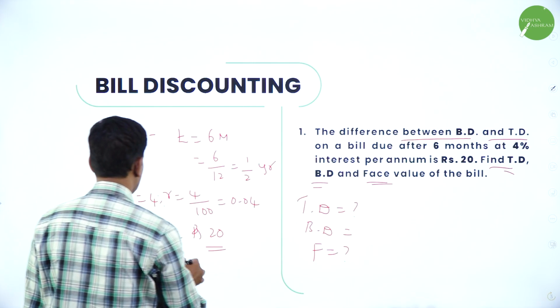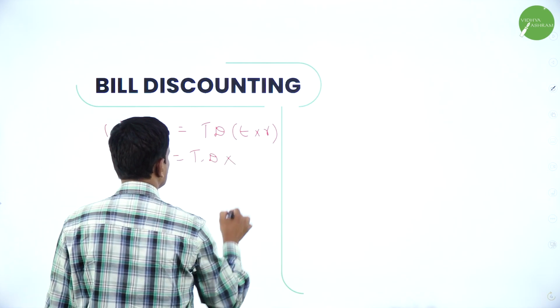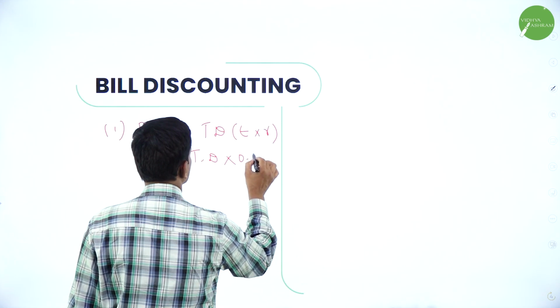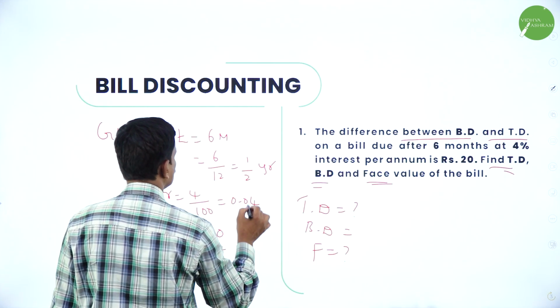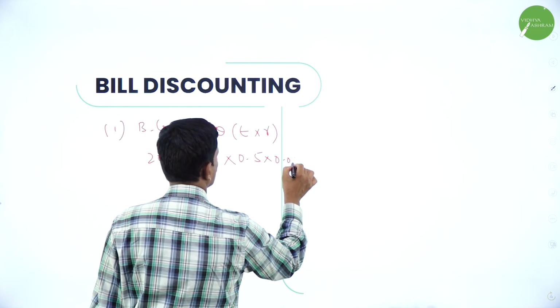So BG, banker's gain, is 20, which is equal to TD into T. What is T? T is equal to 0.5, into 0.04.